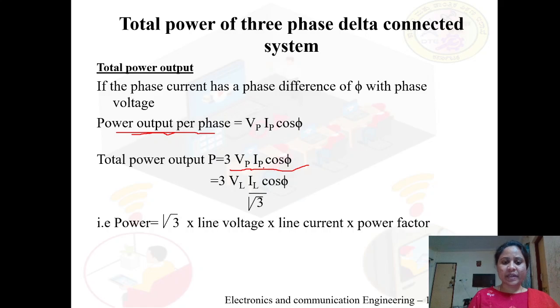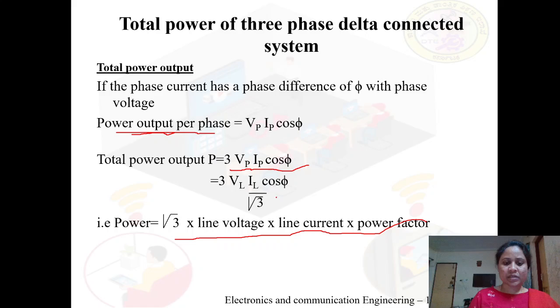So this is the total power in terms of phase parameters, and we can also write this in terms of line parameters as power is equal to root 3 times line voltage into line current into power factor, where power factor is cos phi.